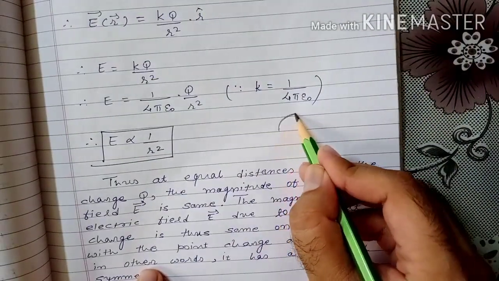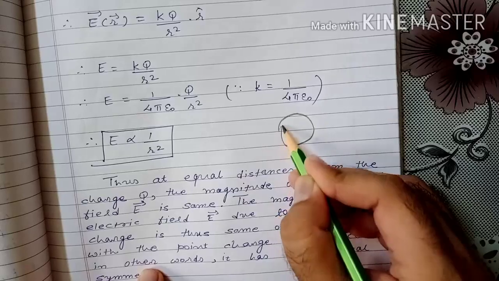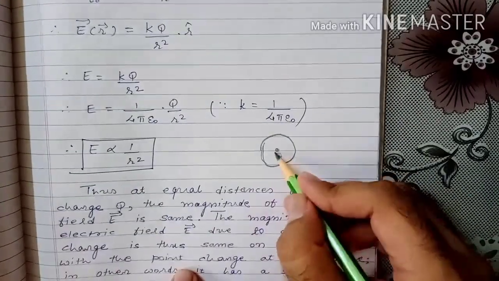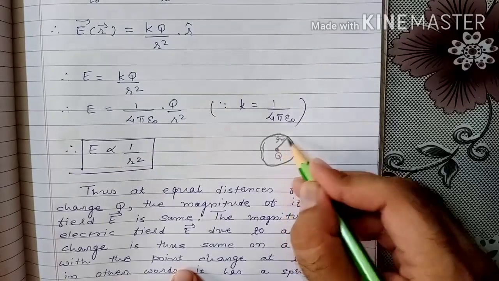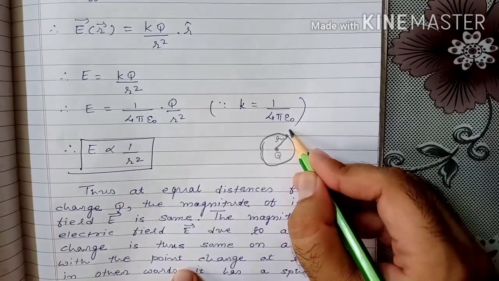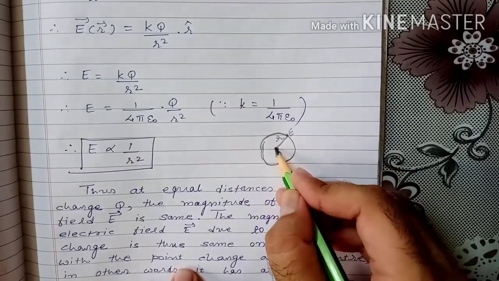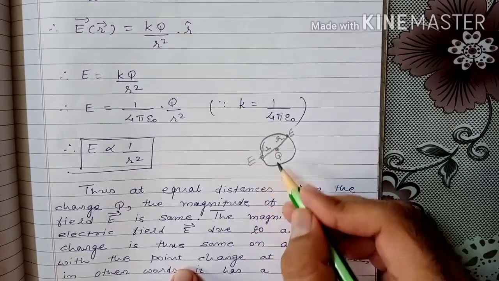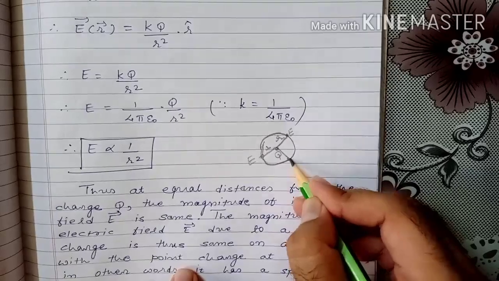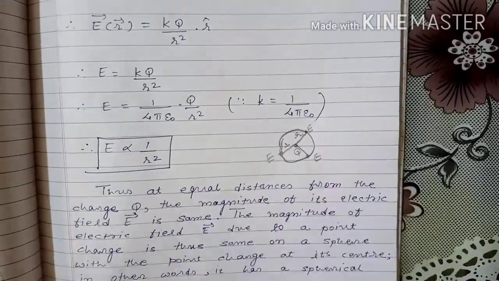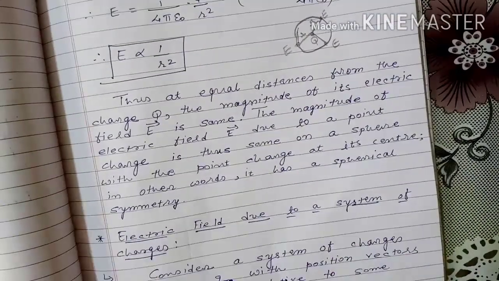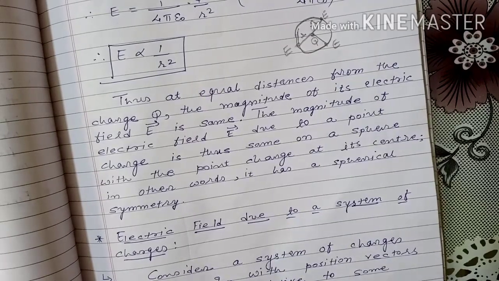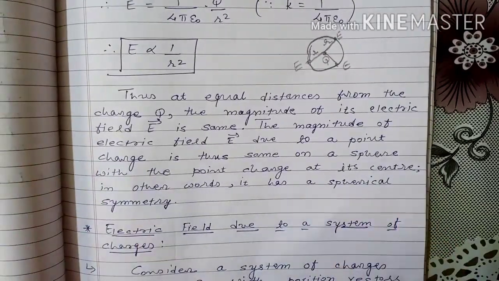If we consider one source charge at center, and if we find electric field at a distance r over here, and if it is E, then in opposite direction at same distance also electric field will remain E. Here at a distance r, electric field will remain E. Therefore it has a spherical symmetry. At each and every point of the sphere, electric field will remain same if the source charge is placed at center.